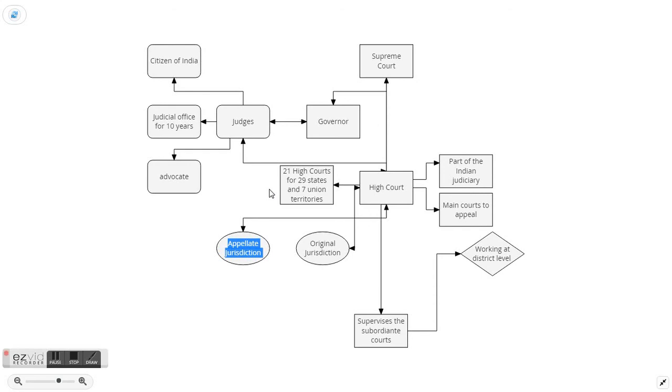If something goes against the rights, they can question the authorities and restore the fundamental rights of the people of the state or district. You could recall that these fundamental rights can be enforced through writs.